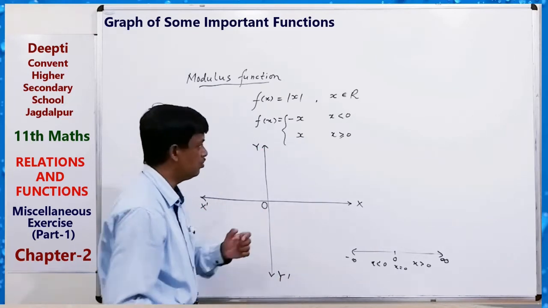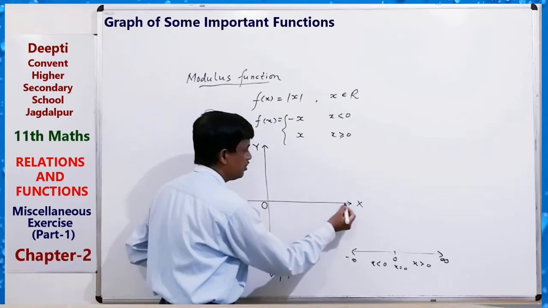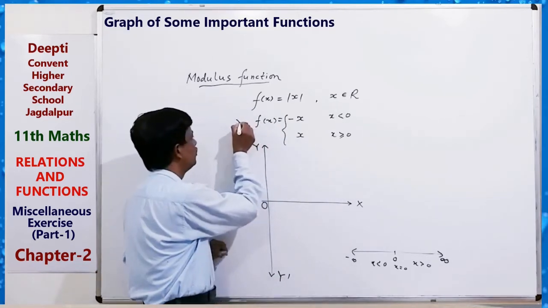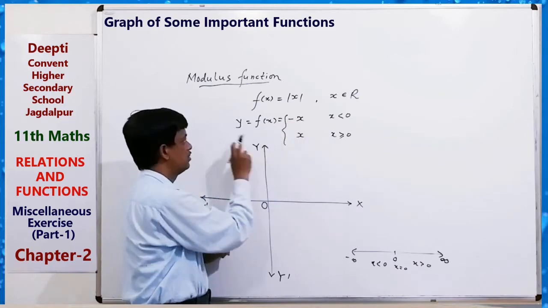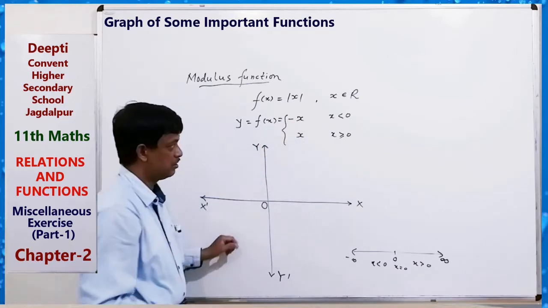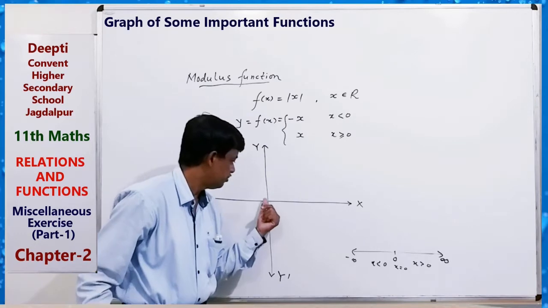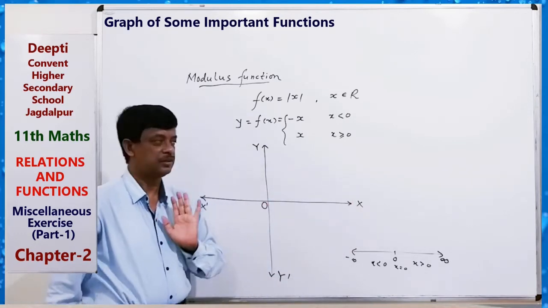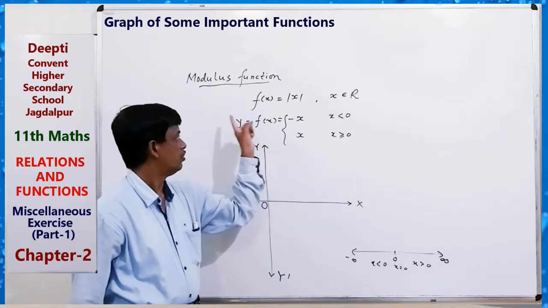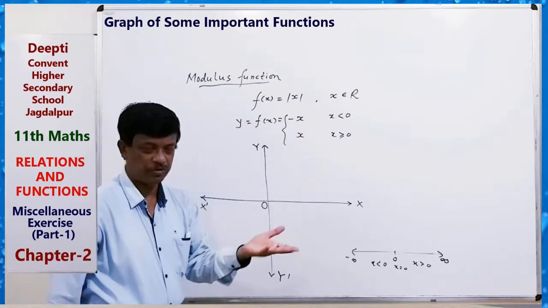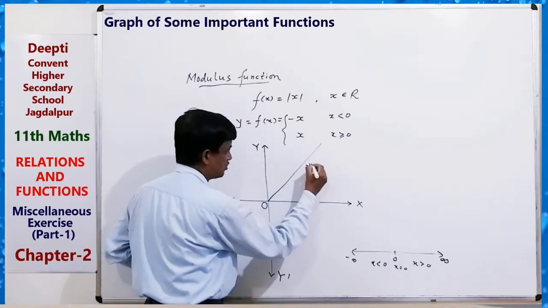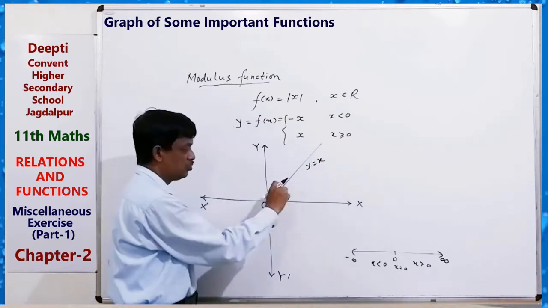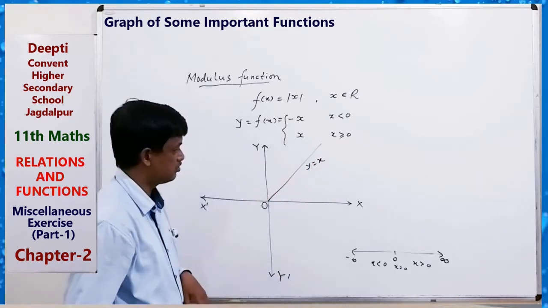For positive values, y equals x. For positive values, from here to this, y equals x. So the graph will be like this: 1, 1, 2, 2, 3, 3, 4, 4, 5, 5 and so on.